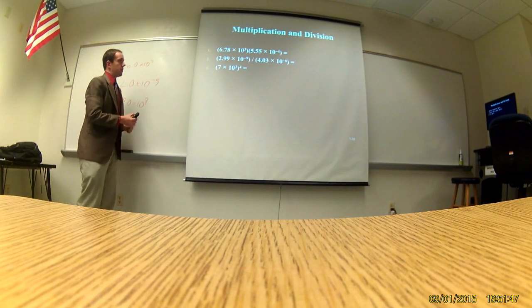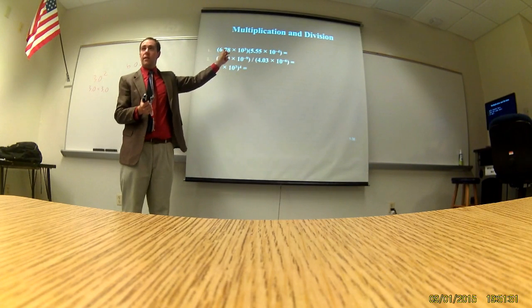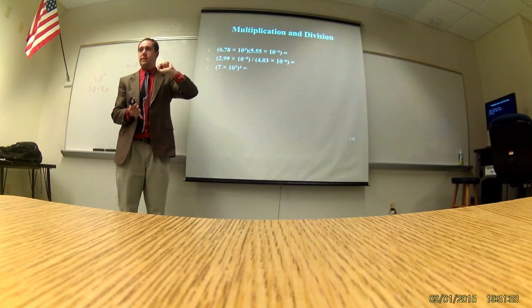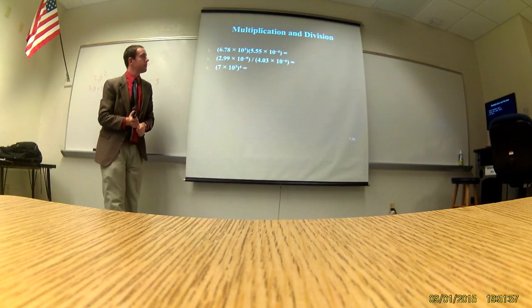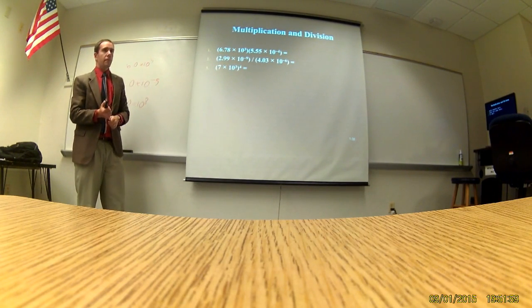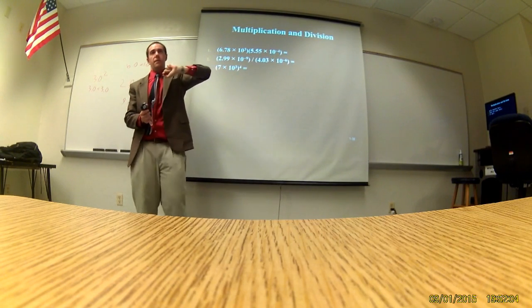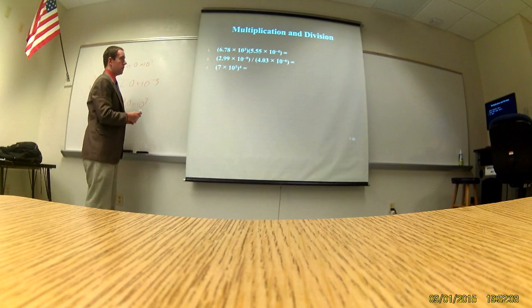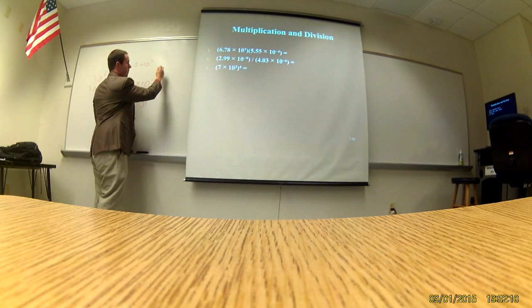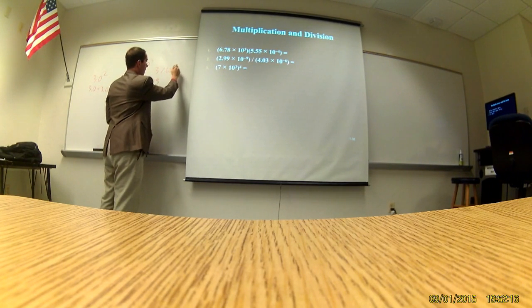Here's some examples. So this math is not hard, right? It looks scary, but you break it down into 2 parts and it's easy. What's the first step here? 6.78 times 5.55. Somebody has a calculator, tell me what that is. 37.629.